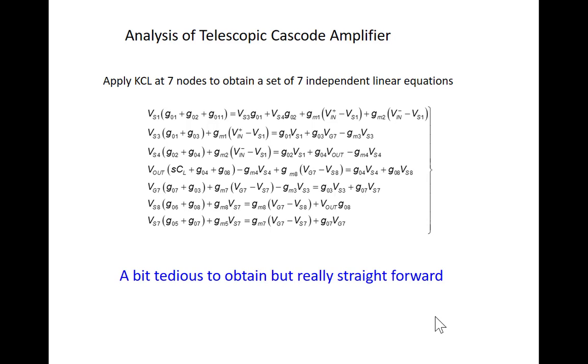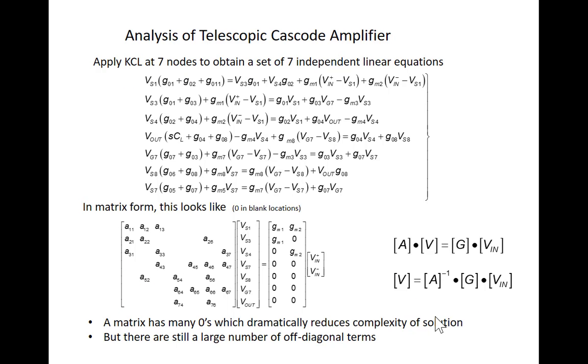So this is a bit tedious, but really straightforward, right? There's not too many branches there. The time required to obtain the set of equations is pretty small. In matrix form, and I should have given some more thought to which order I put the equations in this list.